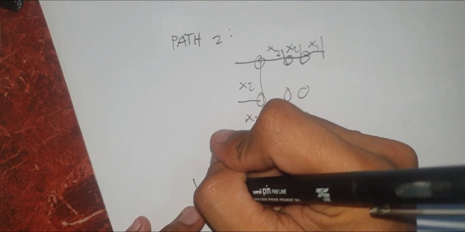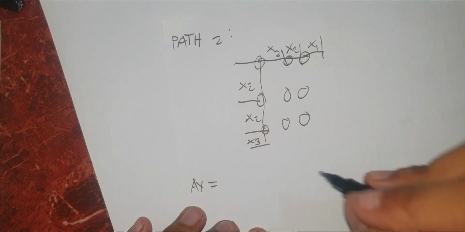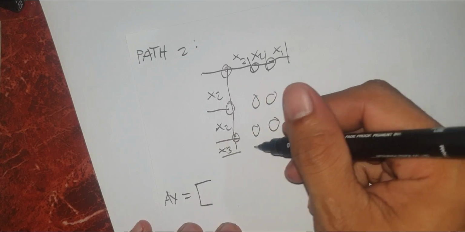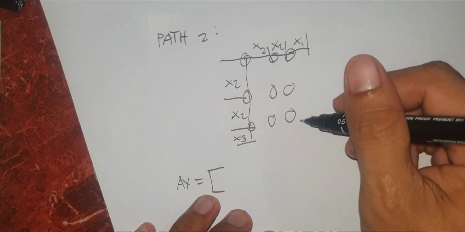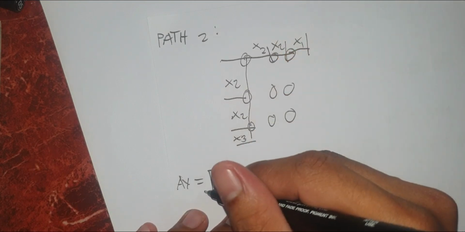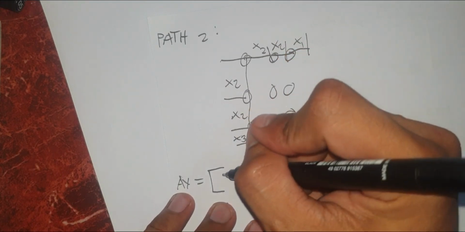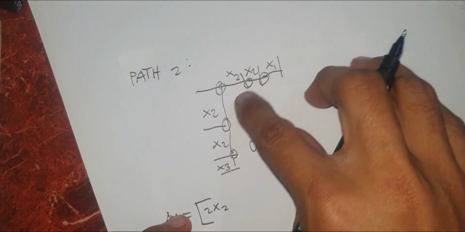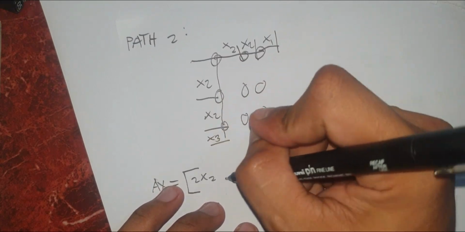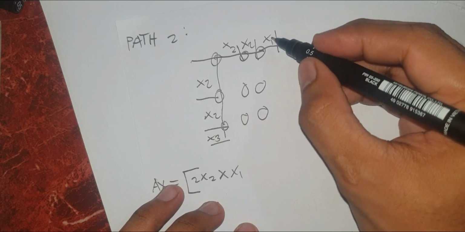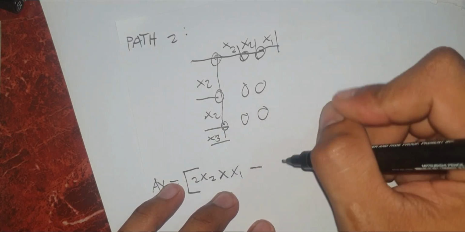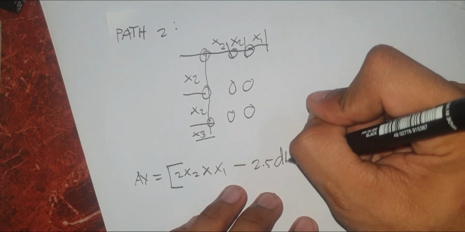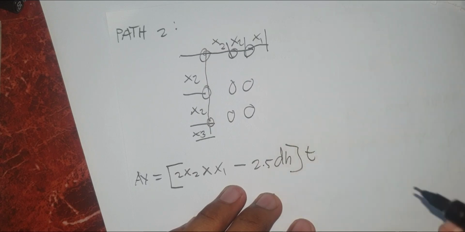So EV equals, okay, we didn't have it here, so we just ended up here, so we didn't have 2 times. So 2x sub 2, so there's only 2 here, times e sub 1, minus 2.5 dh times the thickness of this plate.